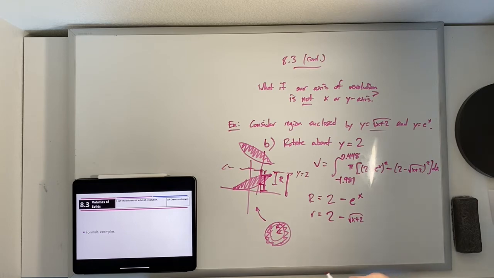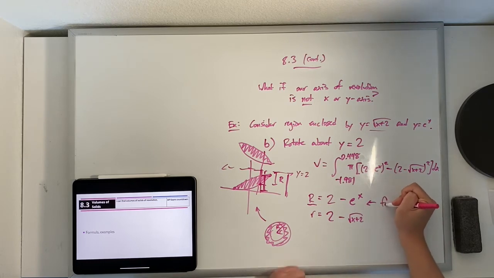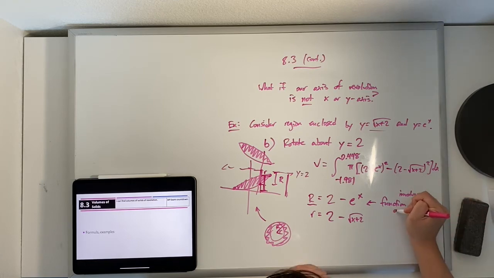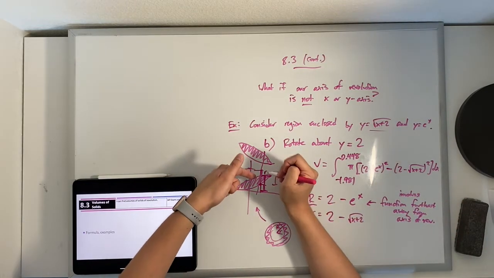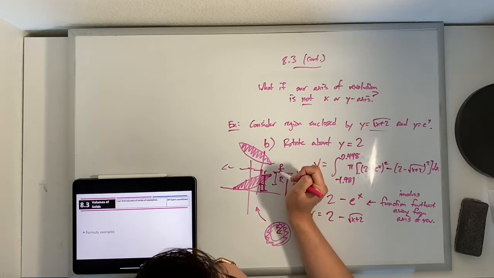So, I know it's a little tricky. Now, the way I like to think about it, and this works for every single problem, is that your big R is always the function, or it involves the function, furthest away from your axis of revolution. And if you imagine you're standing right here on this axis, which function is furthest away?